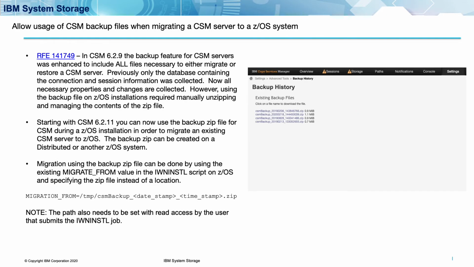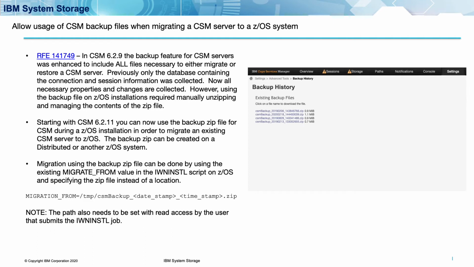All right, for this next feature, it has to deal with the CSM backup files and the modifications we made there a couple of releases back in 6.2.9. So we enhanced the backup feature of the server so that it not only backs up the database, which has the connection info and session info, but also collects all your property file changes and other changes that you might have made to the server itself.